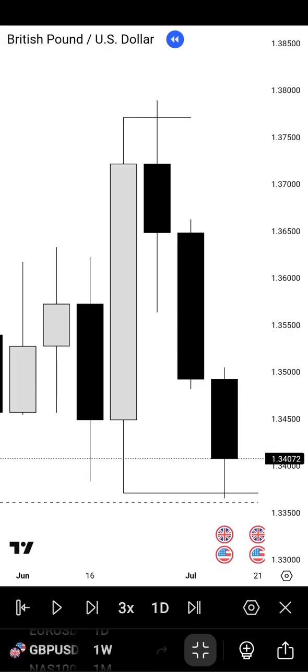Then the second thing is that price moves to balance an imbalance in the markets, and these imbalances are fair value gaps, right? Fair value gaps, or filling other order blocks and filling other PD arrays on the charts. That's it.